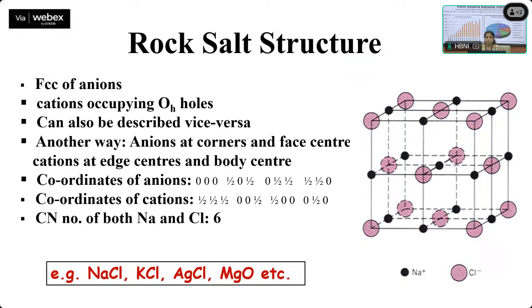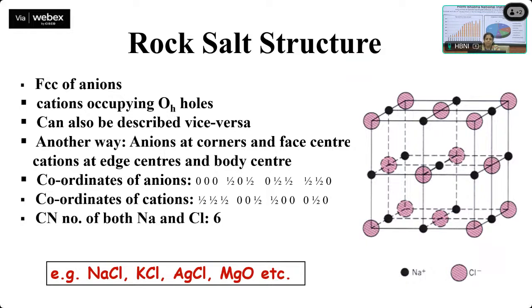But once we decide that this is the reference we are talking about, then in the entire crystal structure solving of that particular type, we keep our reference constant. That is important. Having said that, let's come back to the rock salt structure.